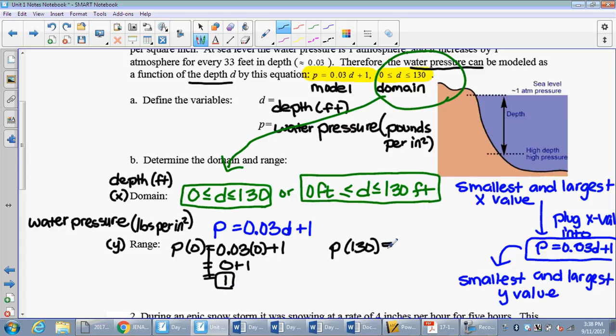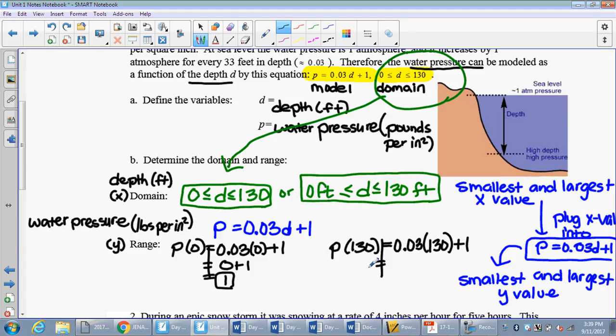And then here, P of 130, that's going to be 0.03 times 130 plus 1. And this is where we'll take out our calculators to do 0.03 times 130. So I'm taking mine out now too. And don't just watch me do this algebra on the calculator. You can't see me using my calculator, but I'm telling you that I'm using my calculator, so you should too.